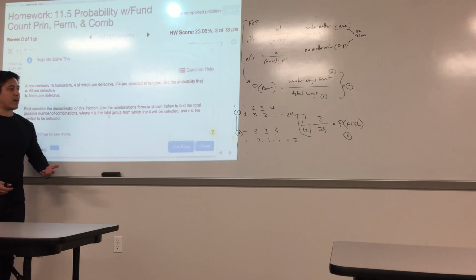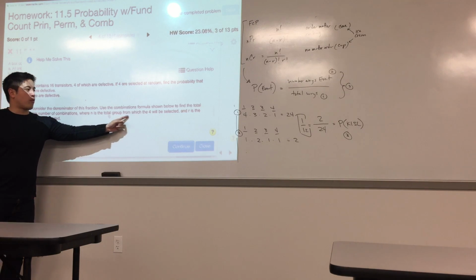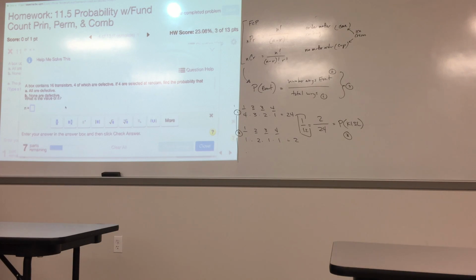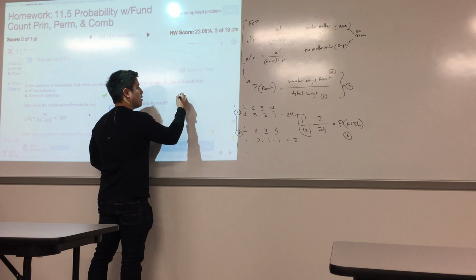You're just picking 4 at random. Where n is the total group from which the 4 will be selected, and 4 is the r. So, what is the value of n, everybody? n is 16, right? And then r is 4, and so 16C4 is 1820.